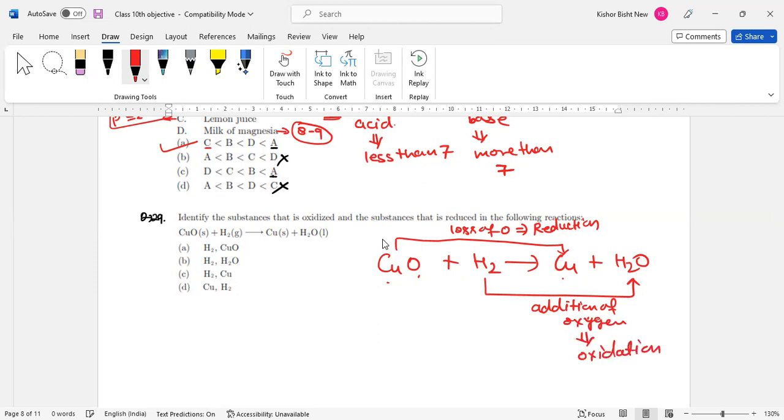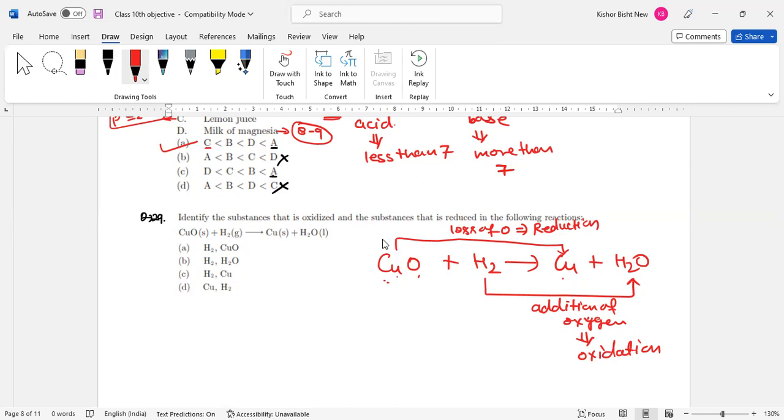Please remember, here it is asking for the substance which is oxidized. So which one is oxidized? H2 is oxidized to H2O, and CuO is reduced to Cu. The first option says H2 is oxidized and CuO is reduced.